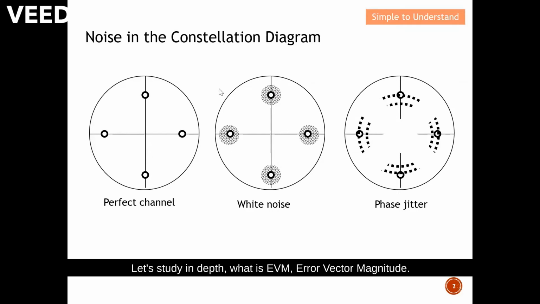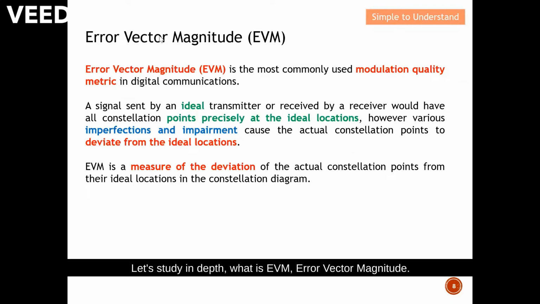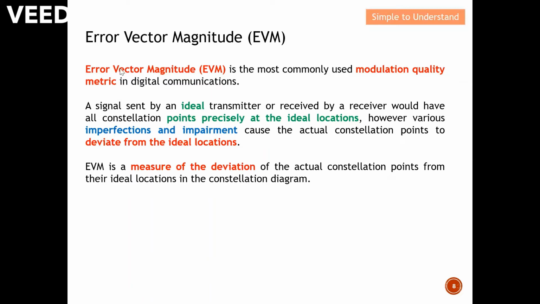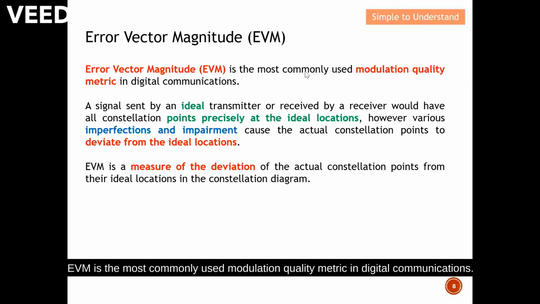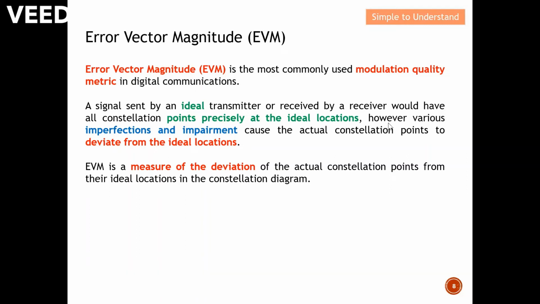Let's study in depth what EVM, error vector magnitude, is. EVM is the most commonly used modulation quality metric in digital communication. A signal sent by an ideal transmitter, or received by a receiver, would have all constellation points precisely at the ideal location.